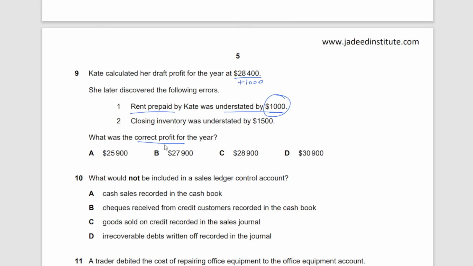All right. So when closing inventory increases, profit will increase. Now, does that mean to increase profit, you just increase your closing inventory? No, you don't do that. But speaking arithmetically, like for example, if you forget to include some closing inventory, it will underestimate your profit. That is the arithmetical effect of closing inventory.